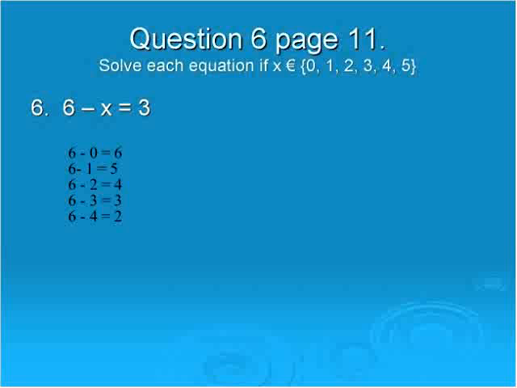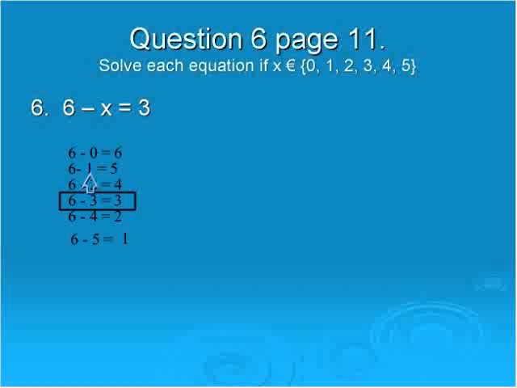Alright, and 6 minus 5 equals 1. And so we can see that the one that is correct, I've put a little square over it right there. 6 minus 3 equals 3.